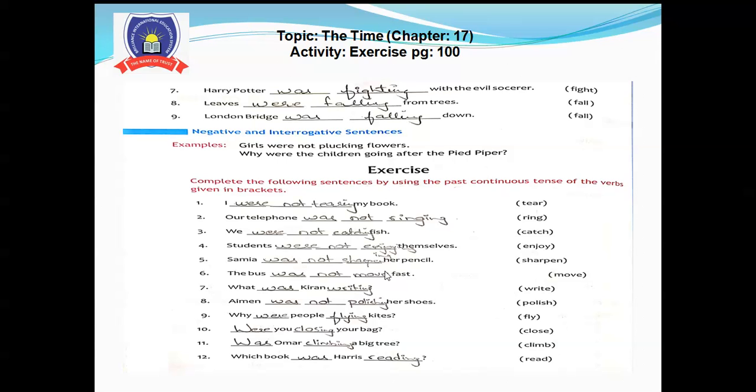Dash you closing your bag? Were you closing your bag? Dash Umar dash a big tree. Was Umar climbing a big tree? Which book dash Haris dash? Which book was Haris reading?